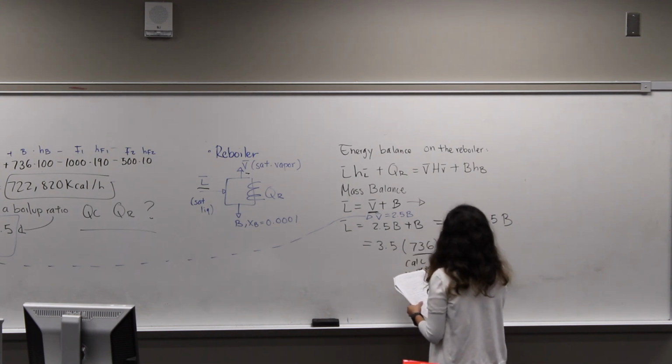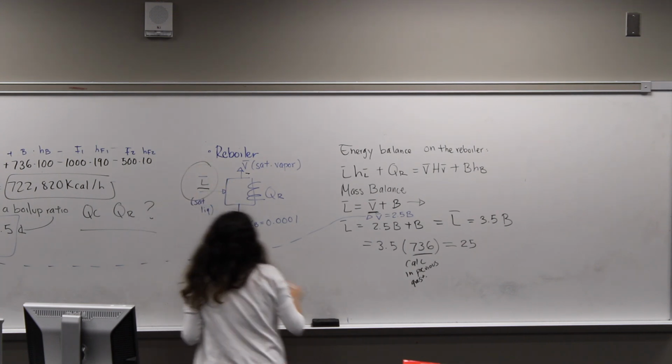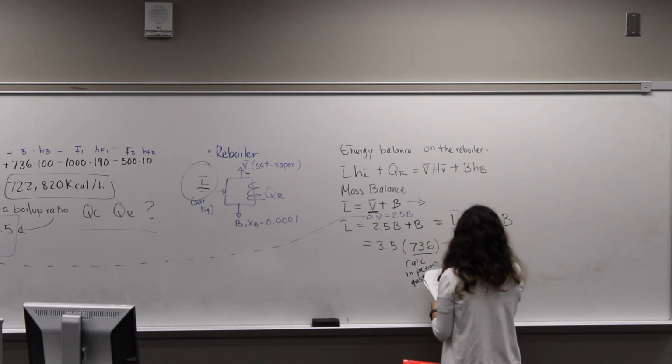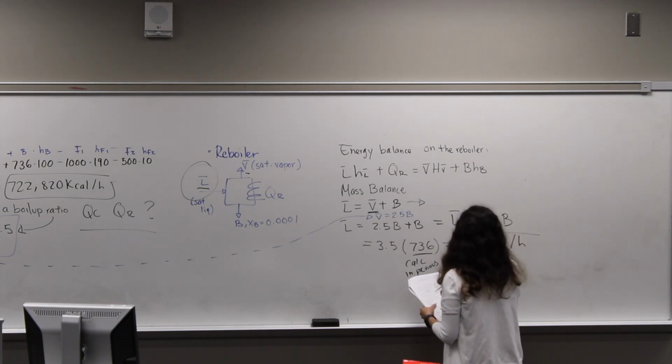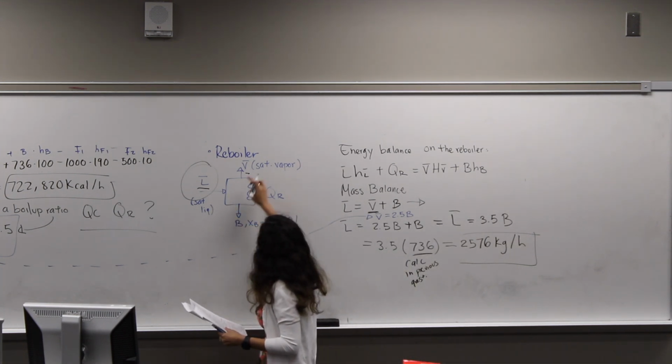Right, we have the L value here of the saturated liquid stream to our reboiler of 25.6 kilograms per hour. So we define this one, we know the bottoms, we can know this one.